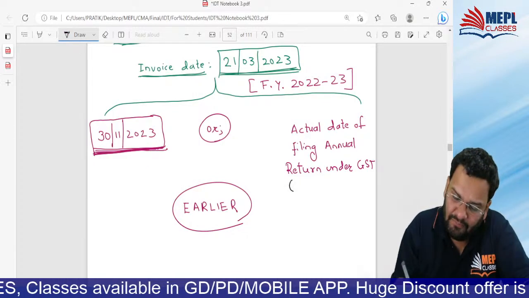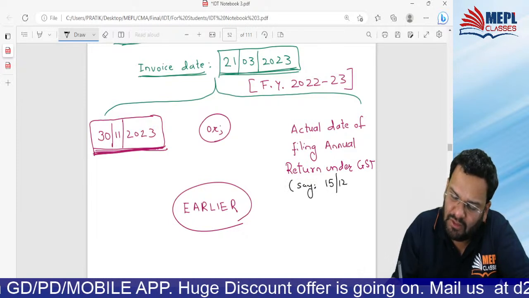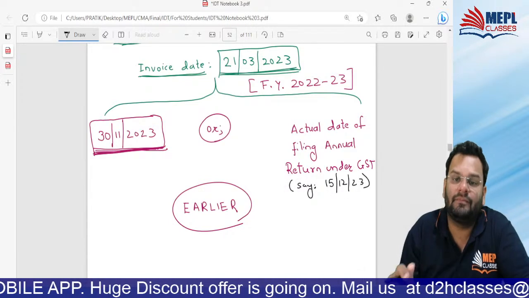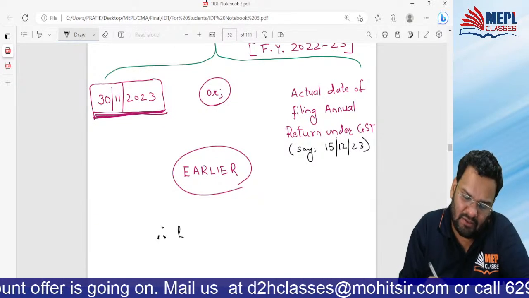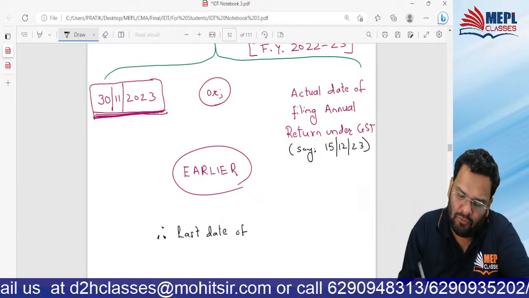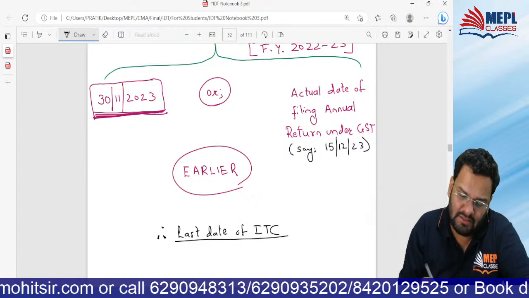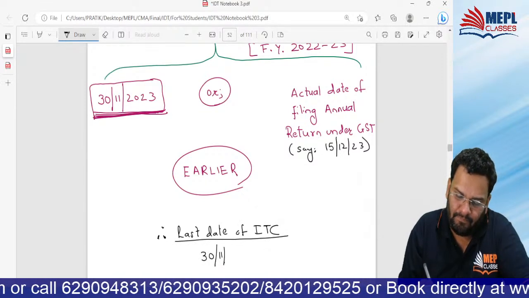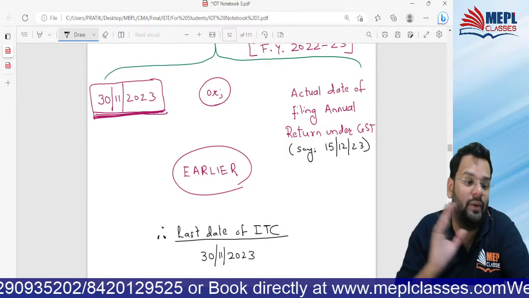Now say in this example, the filing date is 15th December 23. So obviously here the last date of ITC in this case will become 30th November 23.